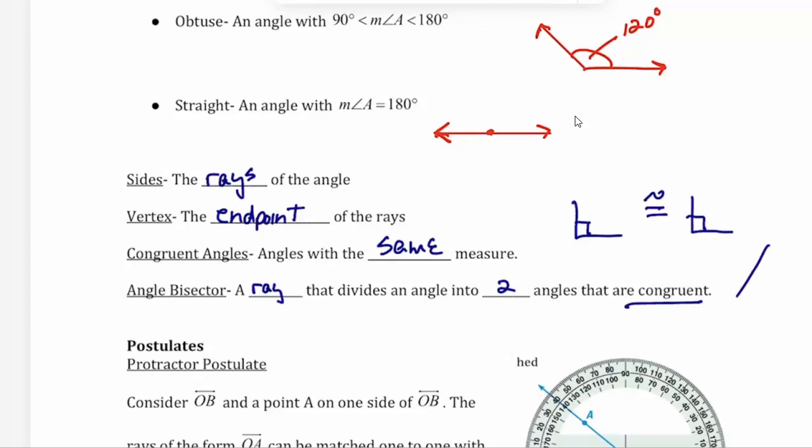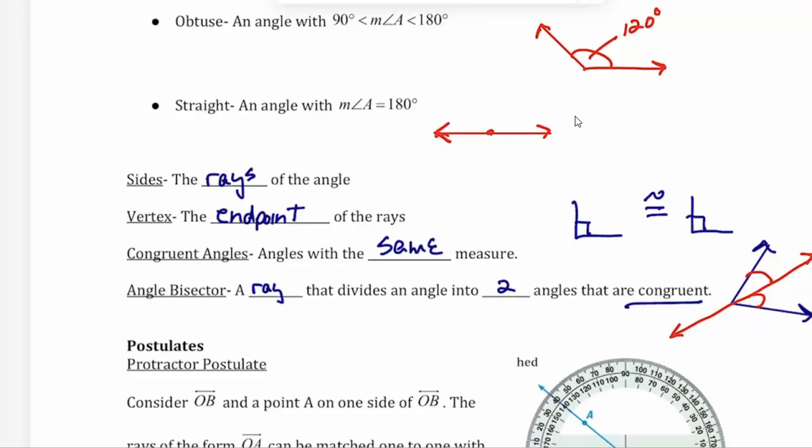If we have an angle, say that's our angle, and then I'm going to change my color, and let's make this a line that's acting as an angle bisector. It's going to divide that angle into two equal angles. You'd have the same little shape on this one and on that one. They're both the same. They would be equal.